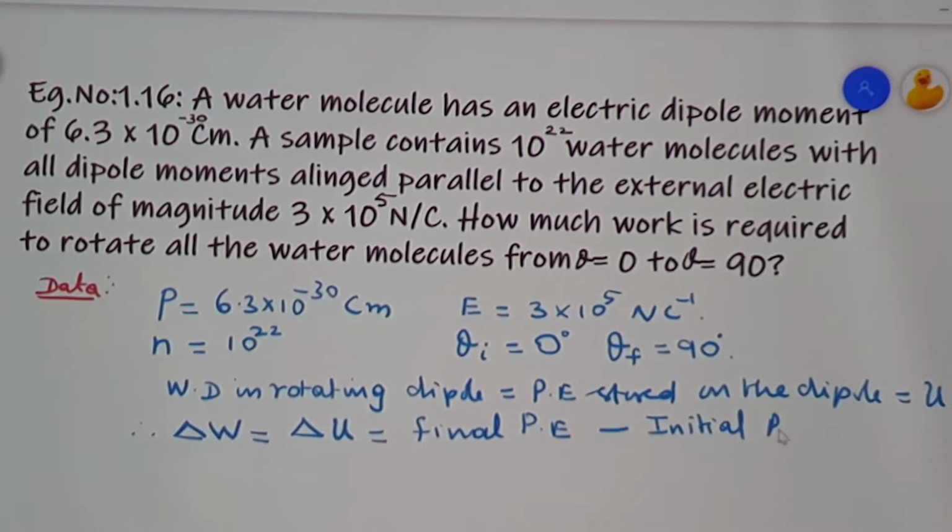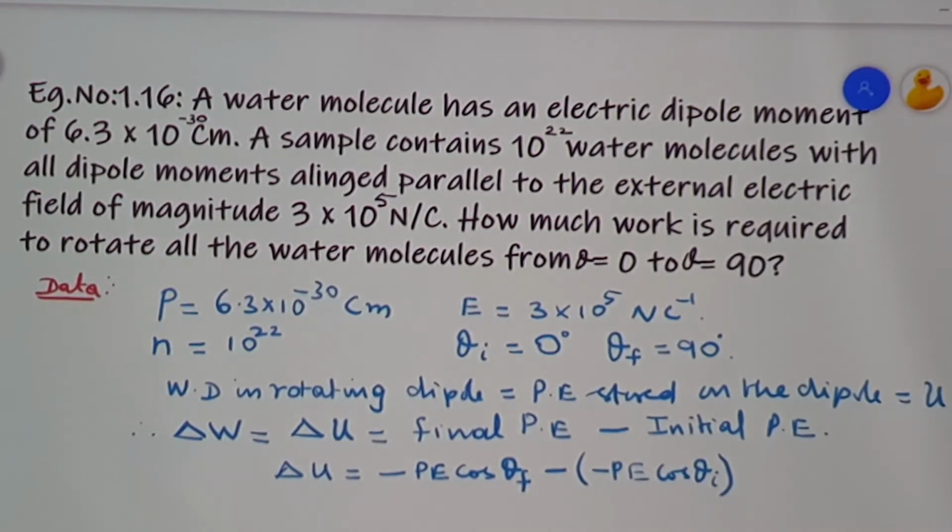So how I can write now? Delta epsilon is equal to final potential energy, minus of PE into cos theta F, minus of PE cos theta, theta is considered to be initial.